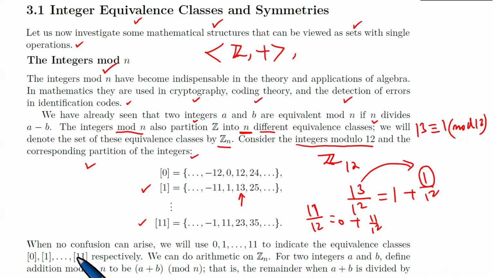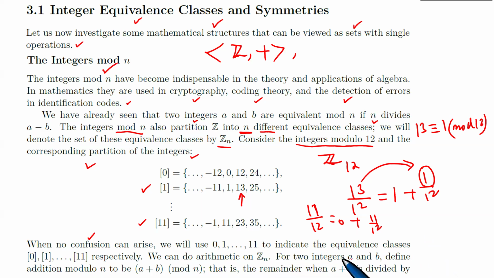So when no confusion can arise, we'll use 0, 1, up to 11 to indicate the equivalence classes respectively. We can do arithmetic on Z subscript n.